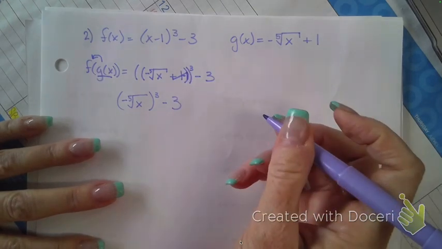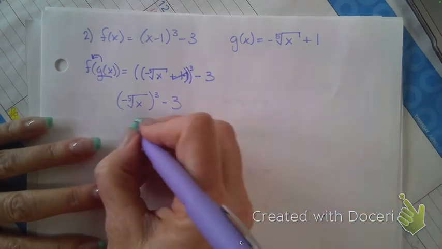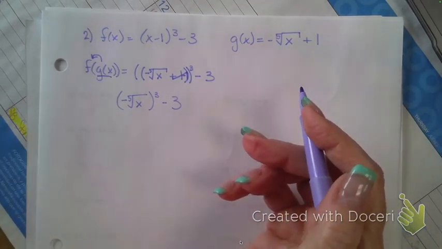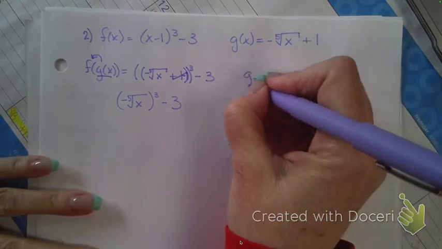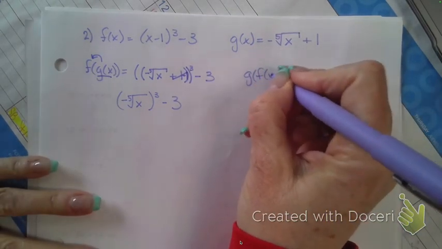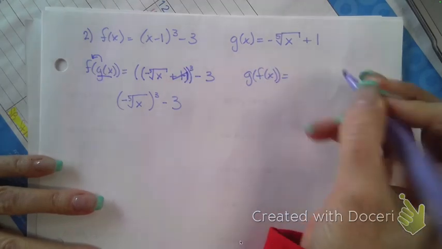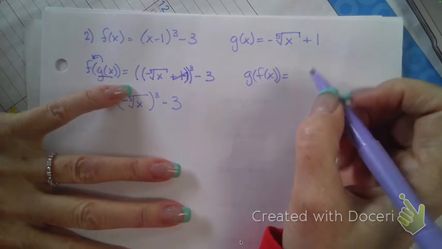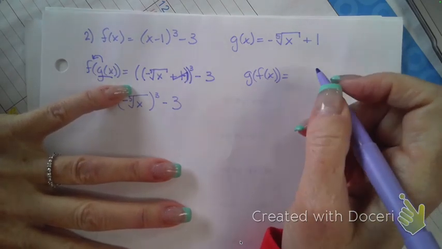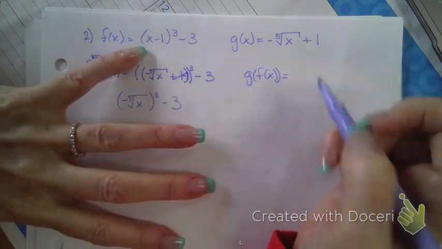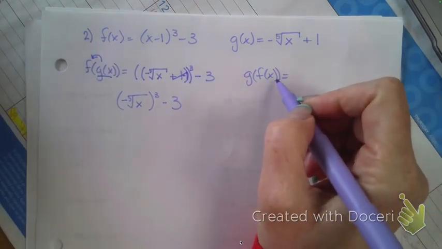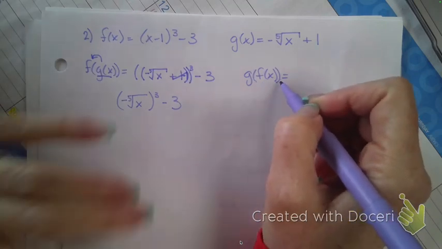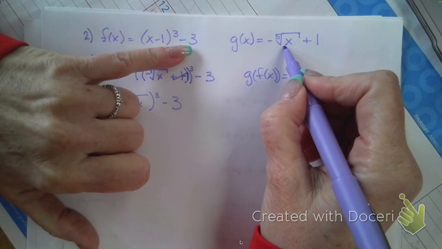That's not going to reduce to x, is it? Okay, so let's do g of f of x. Now, do you know why I was worried about your composition of functions on Monday? Do you put 2 parentheses? Now this goes in for this x right here, correct?